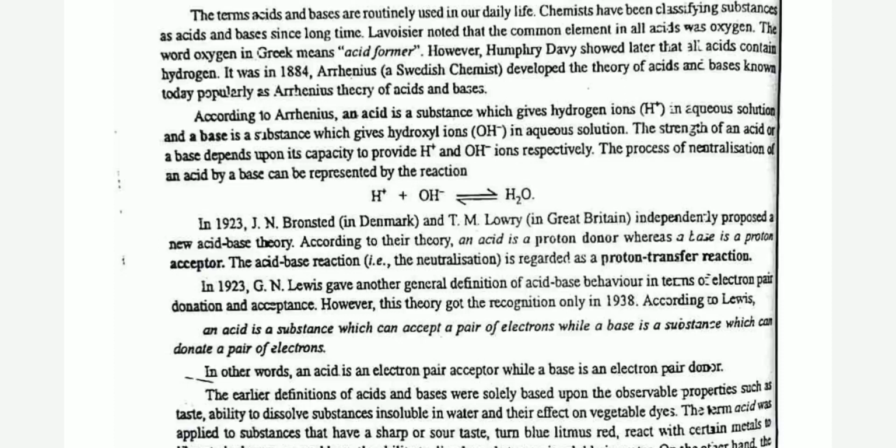The strength of an acid and a base depends upon its capacity to provide H positive and OH negative ions respectively. The process of neutralization of an acid by a base can be represented by the reaction H positive plus OH negative in equilibrium with H2O.